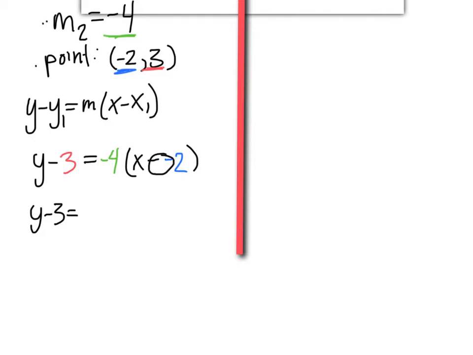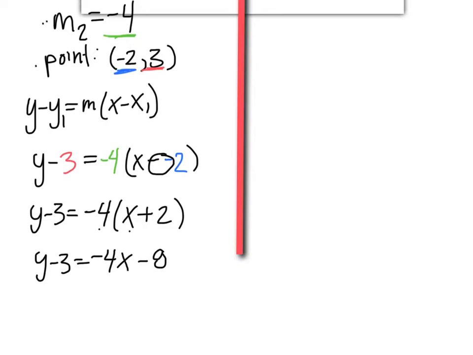This right here, let's fix that first. Negative 4 times x plus 2. Remember, negative minus a negative is a positive. So now I'm going to distribute. y minus 3 equals negative 4x minus 8. Remember, negative 4 times x is negative 4x. Negative 4 times positive 2 is negative 8.